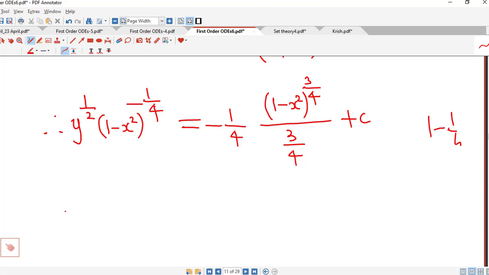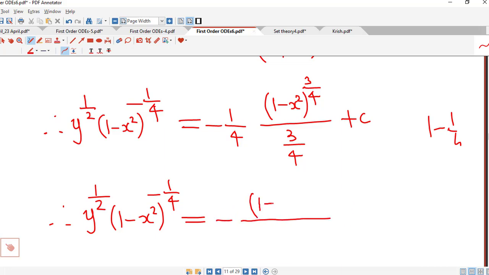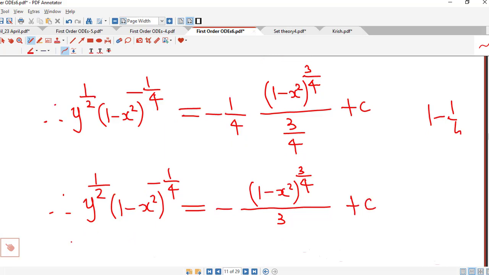Here 1 by 4 will cancel out, therefore y raised to 1 half times (1 minus x square) raised to minus 1 by 4 equal to (1 minus x square) raised to 3 by 4 over 3 plus c. So this is the general solution of the given differential equation, and c is an arbitrary constant.